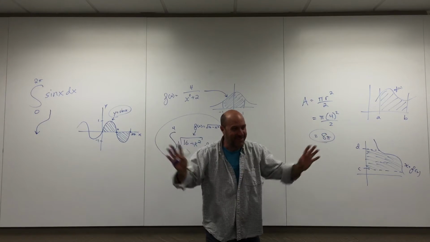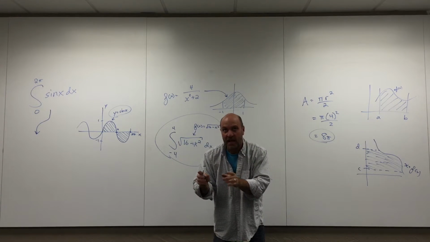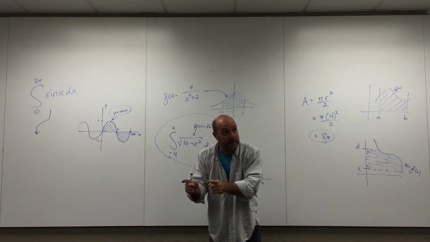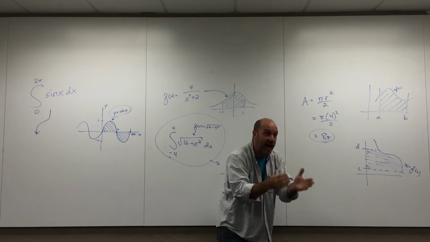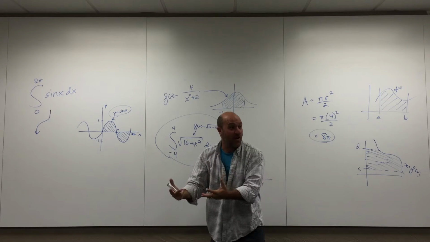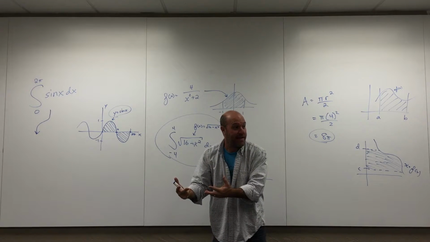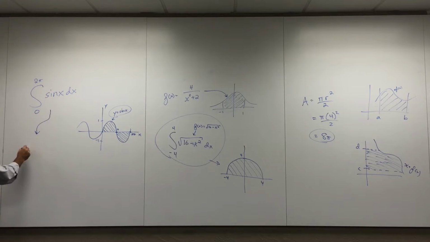So hold on, let's go with the other dance. If I'm taking the derivative of cosine, I get negative sine. So if you're integrating a sine, you get negative cosine. All right, cool. So the answer is negative cosine x. I evaluate it from 0 to 2 pi.